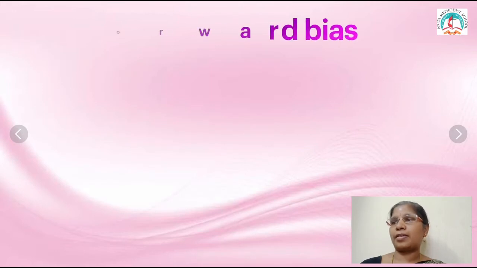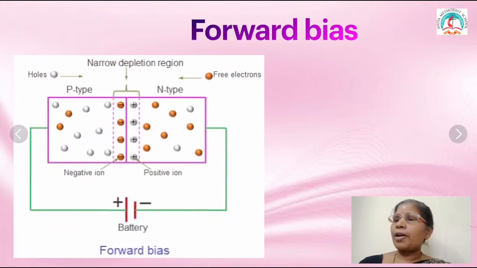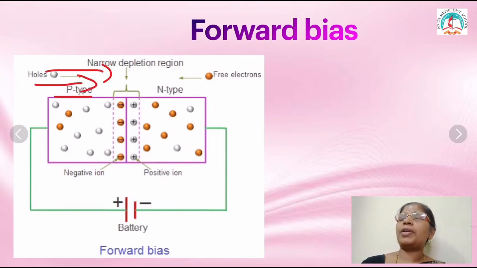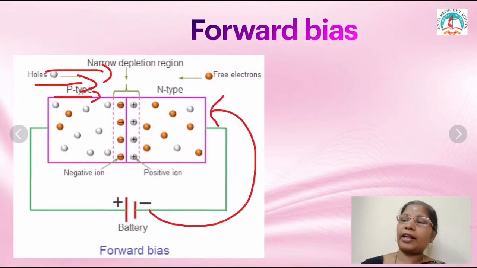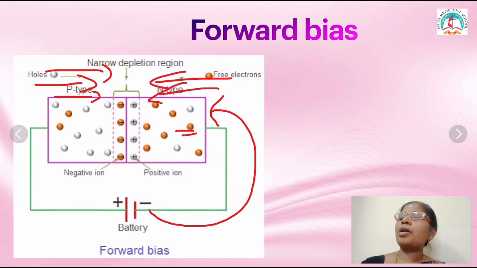What happens on this side? When the positive is connected, it repels the holes, so more holes cross the depletion region. When the negative is connected to the n-type semiconductor, it repels the electrons, so a large number of electrons cross the depletion region.